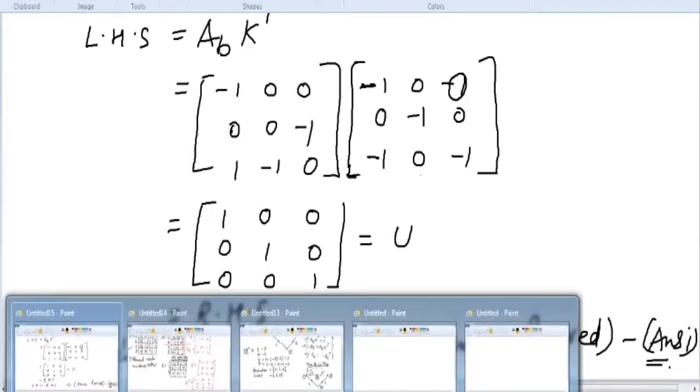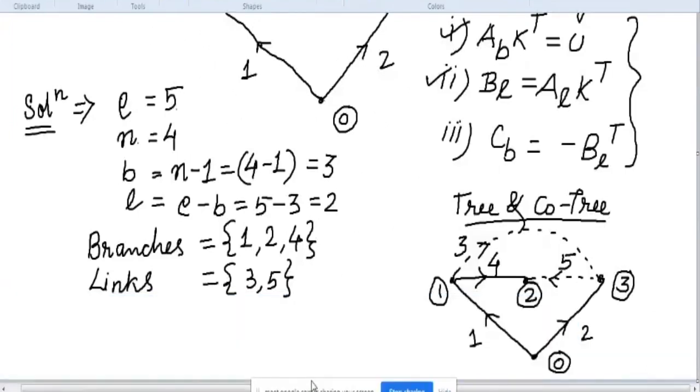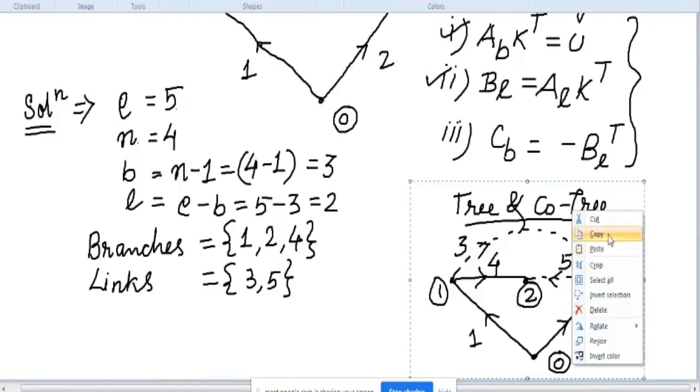Okay, so let us solve the next identity now. In order to solve it, we require the basic cut set incidence matrix, and in it we have to take the lower portion, BL.